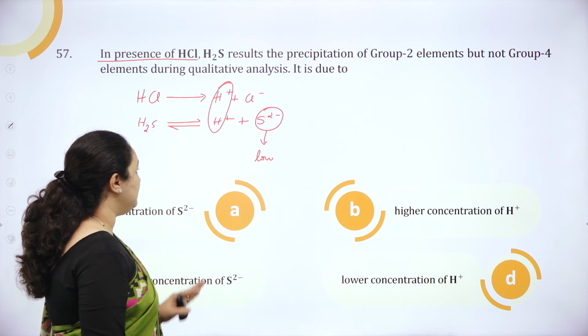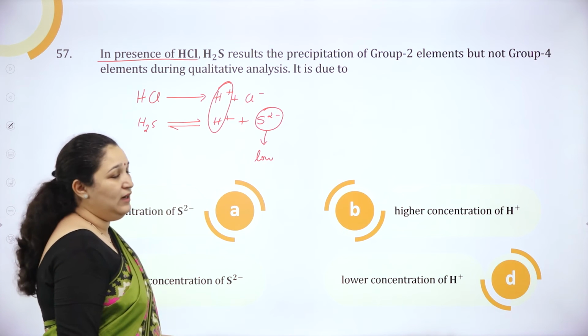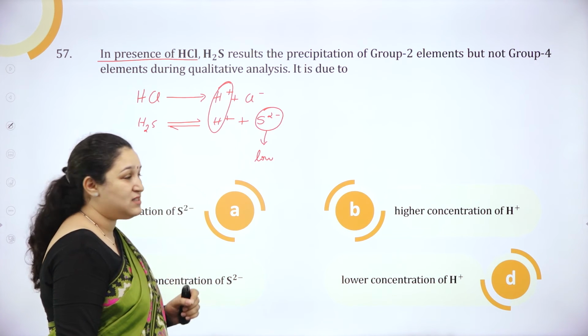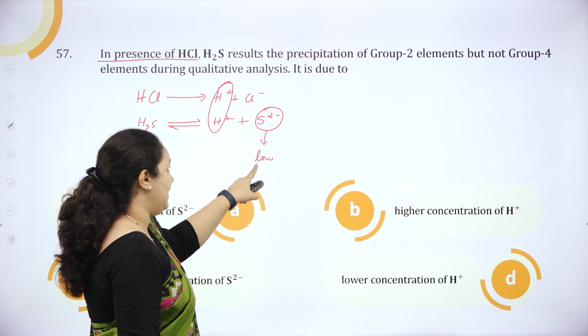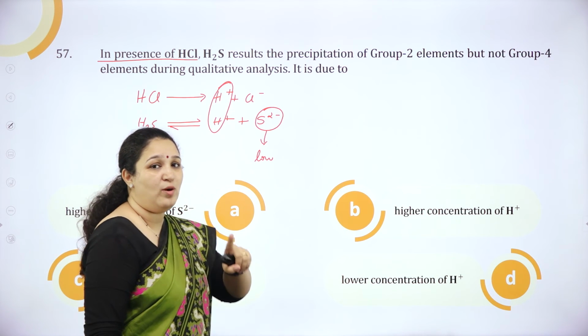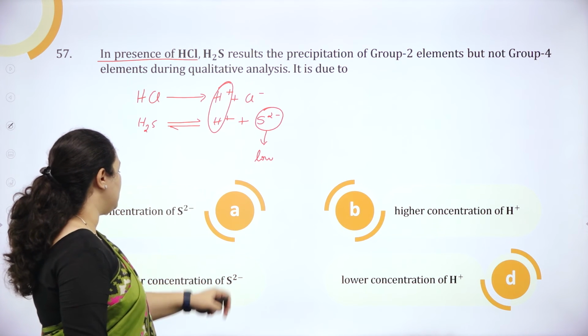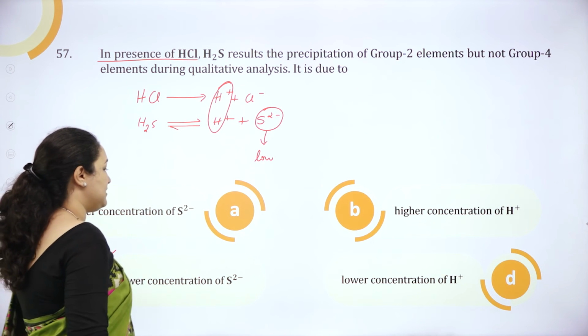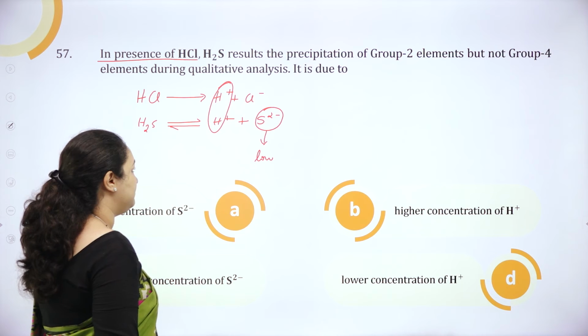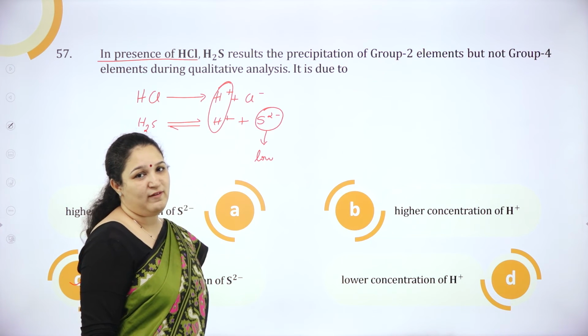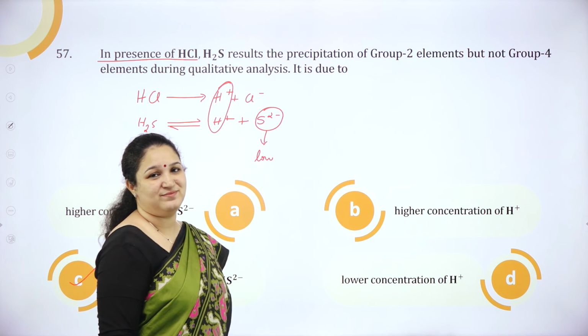Okay, that's the reason only group 2 will precipitate. So what is the answer? Low concentration of S2 minus due to common ion effect. So we have to search the answer. Lower concentration of S2 minus is the correct answer. Okay, so I hope you have understood this particular question.